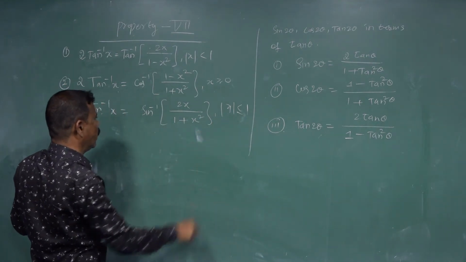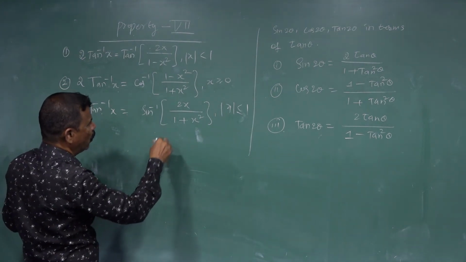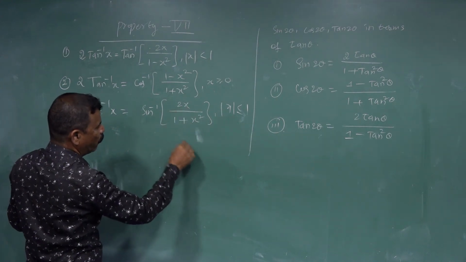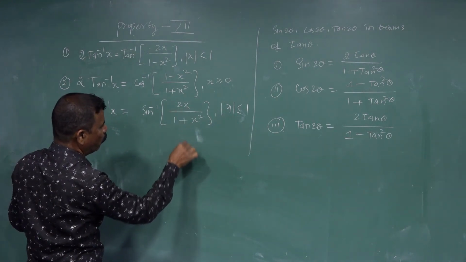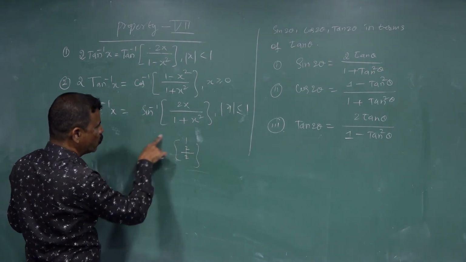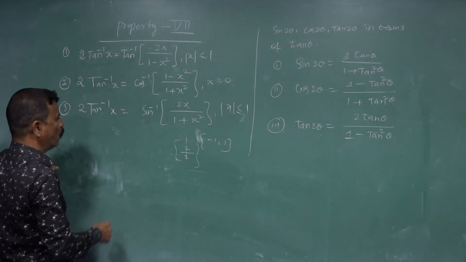Here also for mod x less than or equal to 1, x lies from minus 1 to 1, so take any value outside. Suppose x is equal to 1: 2 into 1, 2, by 1 plus 1, 2, gives 2 by 2, which is 1. So sin inverse of 1, this domain minus 1 to 1 can exist.